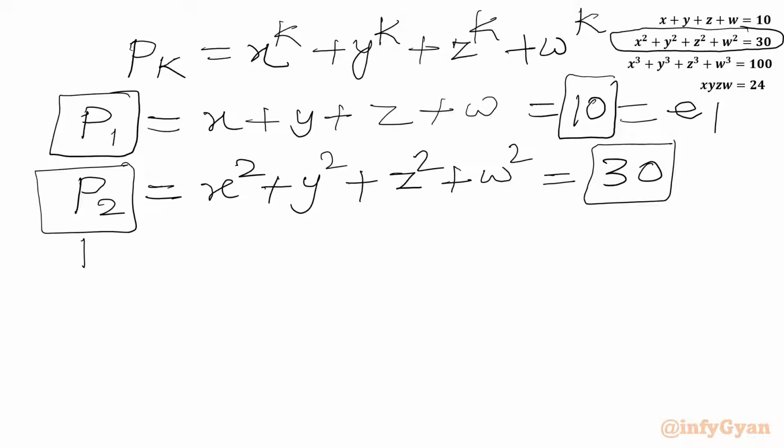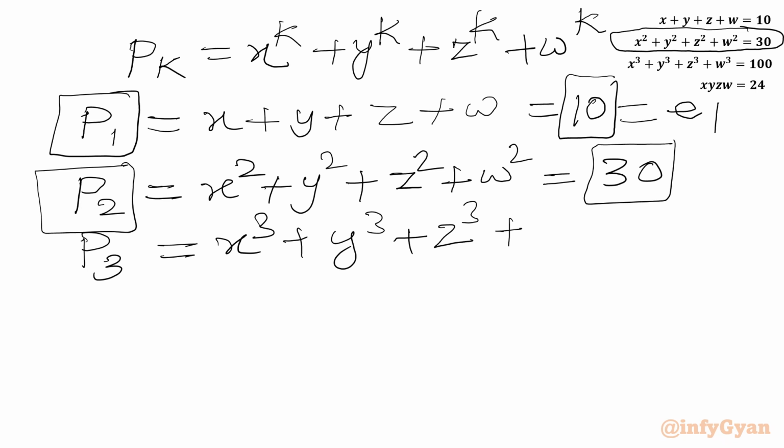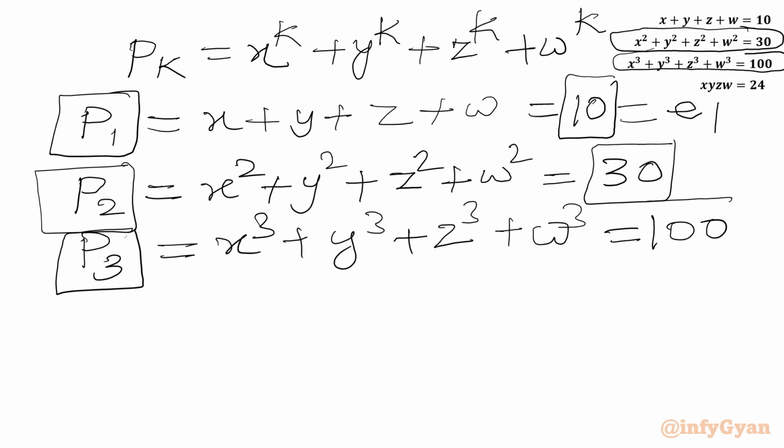Now by plugging k equal to 3, we will be getting P3. Value will be x cube plus y cube plus z cube plus w cube. And this is our equation number 3. So I can write this will be equal to 100. So our P3 is 100. Now our target is E2 and E3 value.